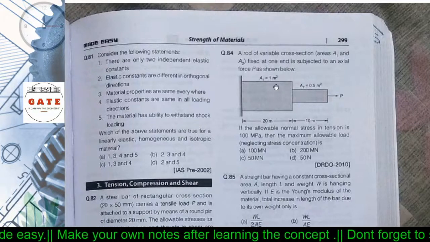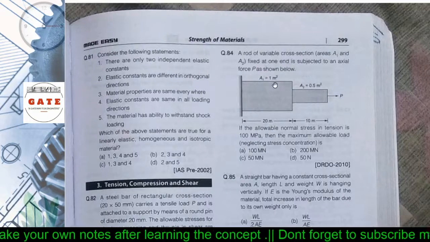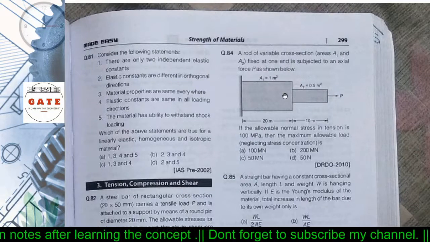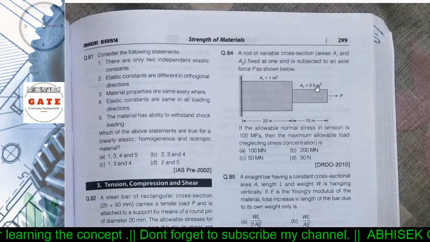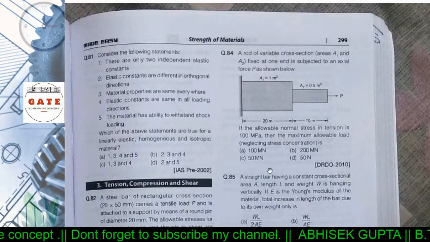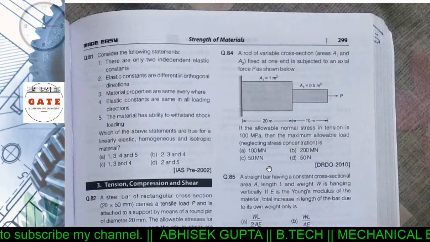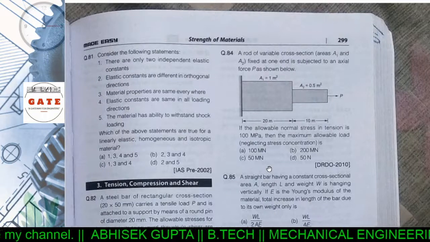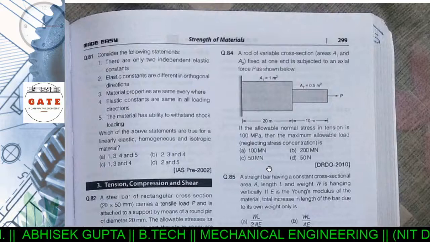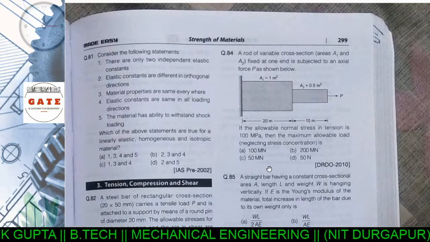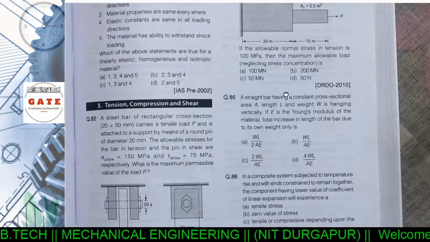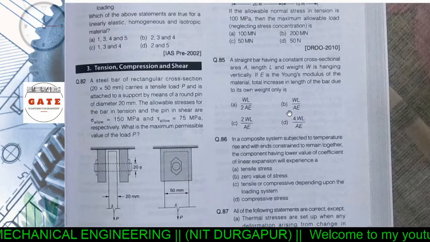So 100 into this area will give you another P. So obviously we will take the minimum of that. So 100 into 0.5, that is 50 meganewton will be the answer. It was asked in DRDO 2010. So the answer to 84 will be C. When you calculate, you will get 50 meganewton. So it's a very easy question. You can solve it orally.